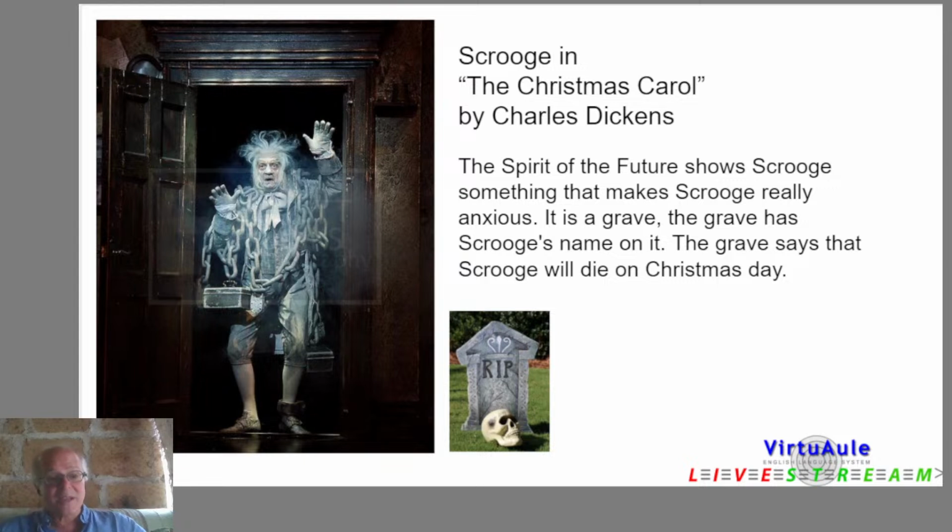Okay, A Christmas Carol, for those of you who are not sure about this story, is the story by Charles Dickens that Scrooge is a very, very old miser. He's a person that isn't very generous. So Scrooge, on Christmas, doesn't behave very well.